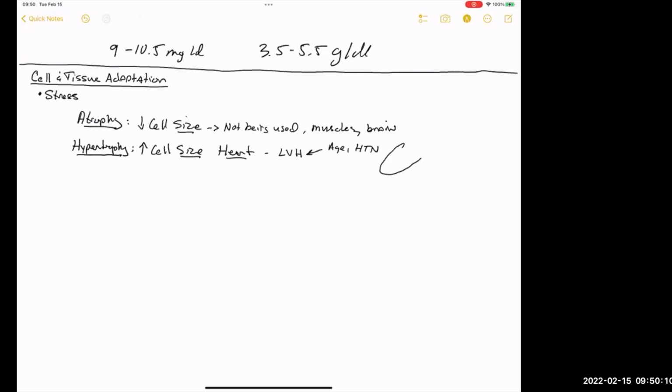And a certain amount of hypertrophy can be okay, but what can happen is if you look at a cross section of the left ventricle, something like this, if you have severe hypertrophy, what can happen is the muscle mass can get so large that you lose the volume of the left ventricle. So you can see that the muscle mass is so large, there's so much hypertrophy here, that the volume of the left ventricle has decreased.